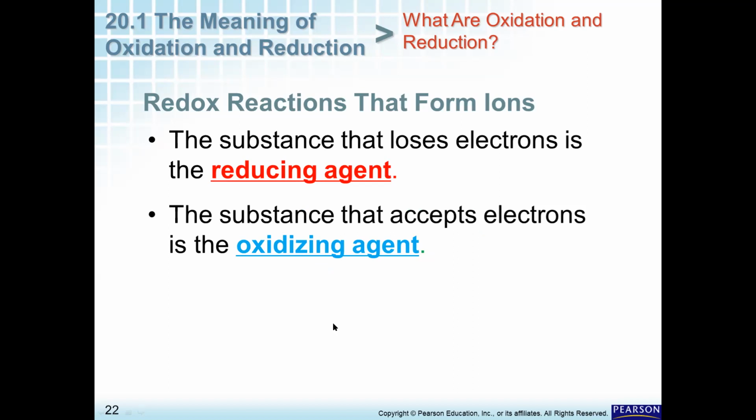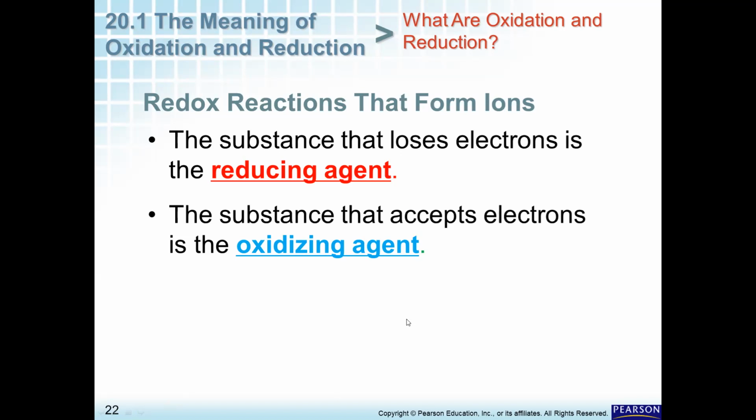So the material that is oxidized is the reducing agent, because it caused the other material to get reduced. And the one which undergoes reduction, we call the oxidizing agent, because it's causing the other material to get oxidized. So in any oxidation reduction reaction, we can determine which material has been oxidized and which material has been reduced.